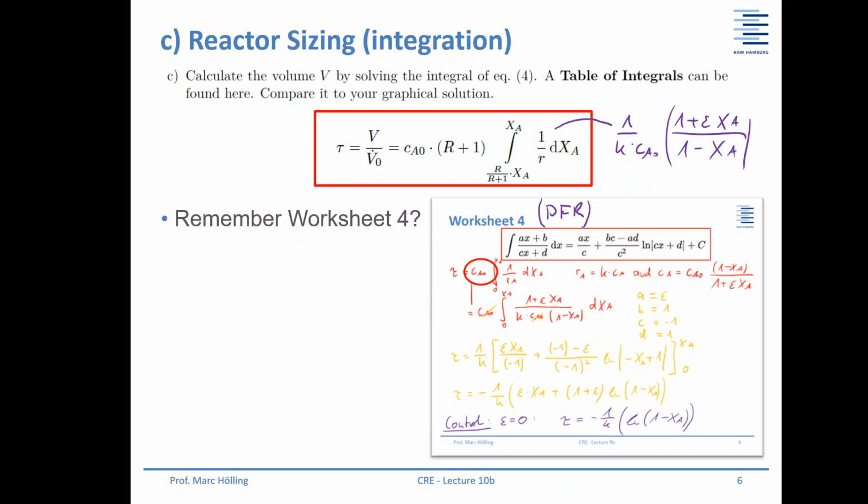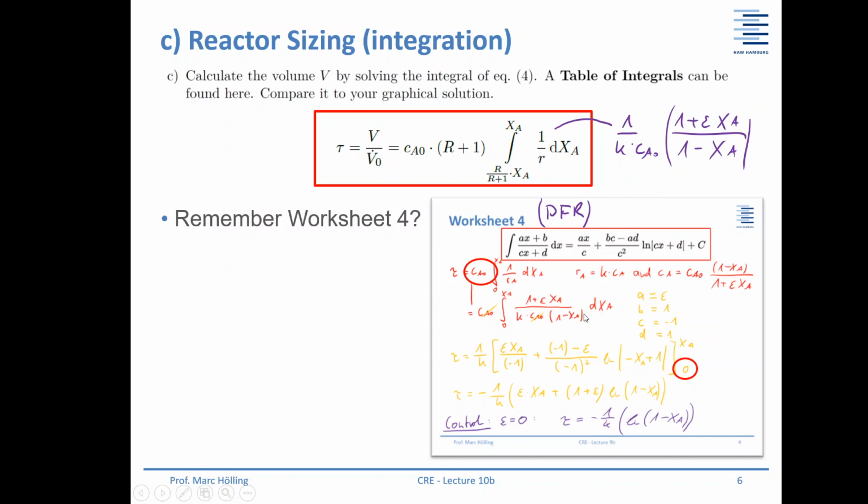If you have a pure plug flow reactor, then you just have your inlet concentration here, and here we have our inlet concentration times R plus 1. And the other thing is that our integral for the plug flow reactor starts at 0, but for our case we are integrating from the inlet conversion to the outlet conversion.